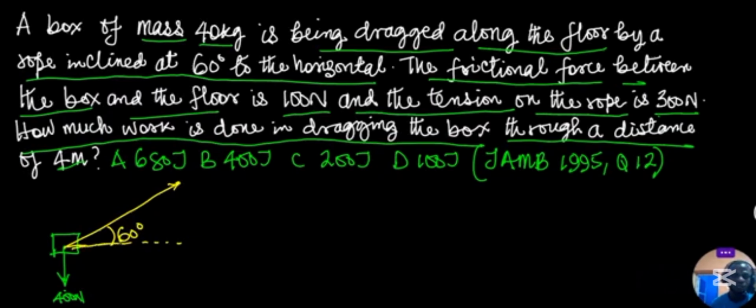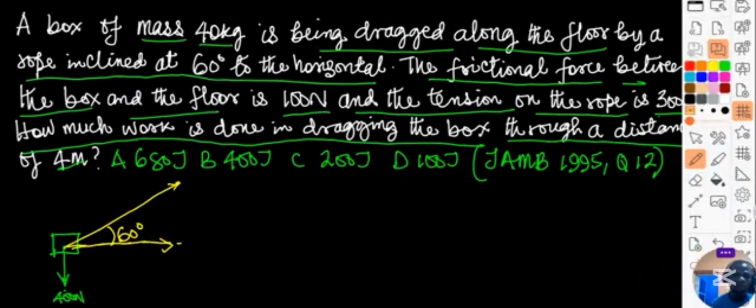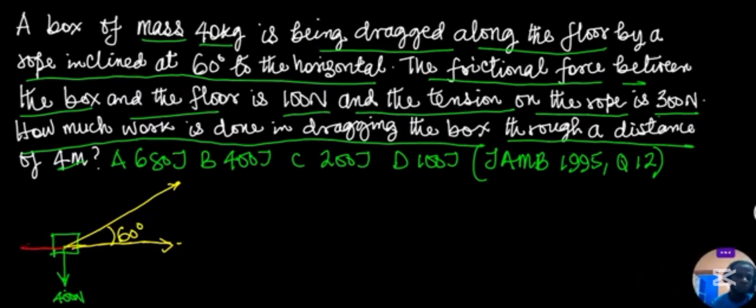Because we have a component of the tension force acting this way, the frictional force will always act so as to oppose the motion. So these are the frictional force. Now, the normal reaction force R is equal to the weight W, so the reaction force is 400 Newton.